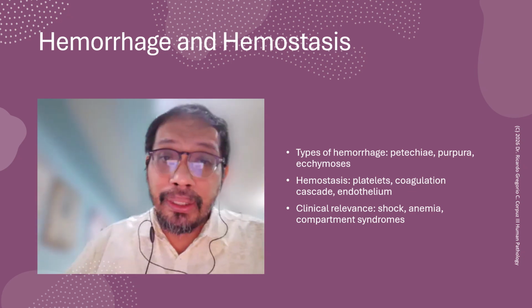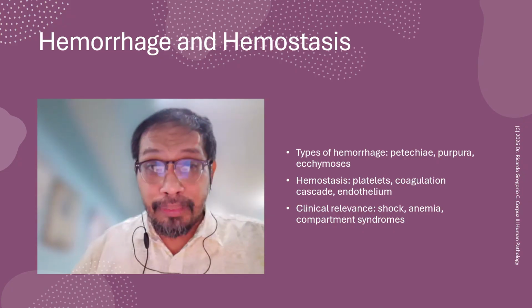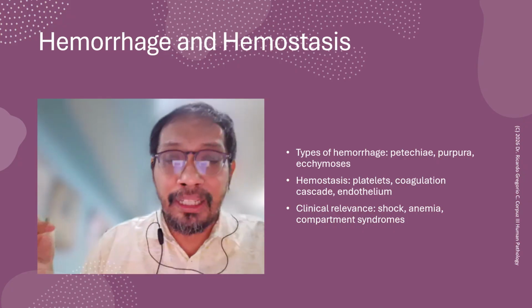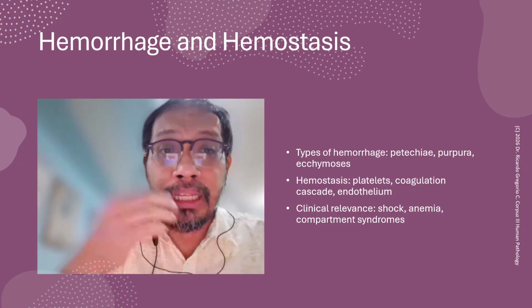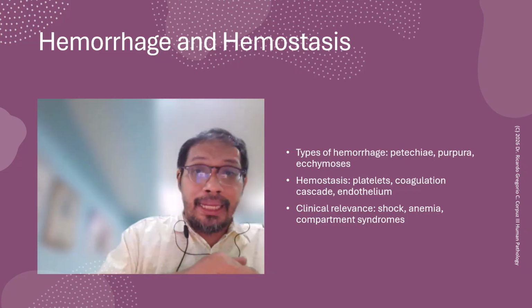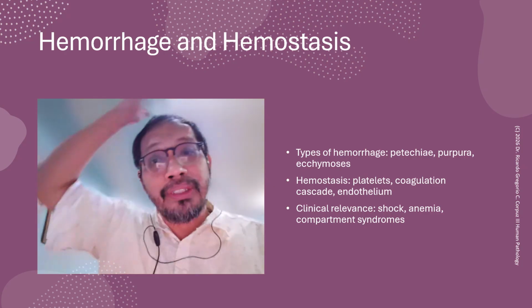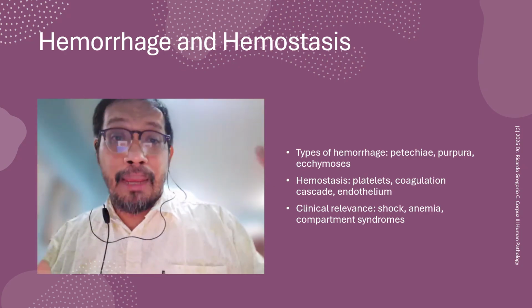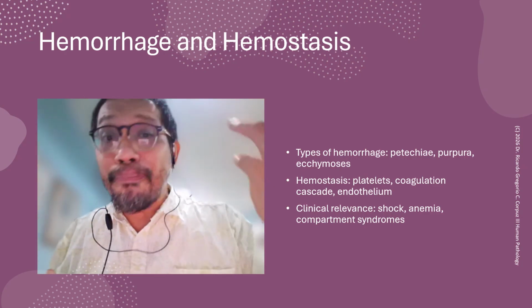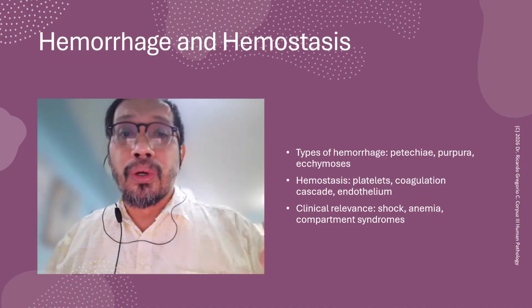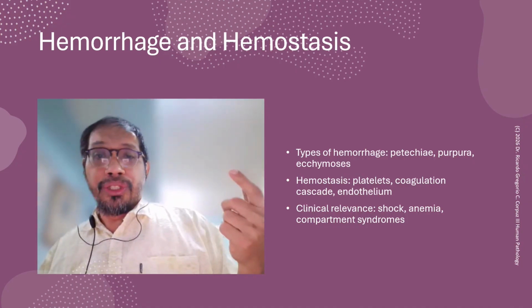Platelet defects, whether quantitative, thrombocytopenia, or qualitative, defective adhesion or aggregation, produce mucocutaneous bleeding, petechiae, and prolonged bleeding time. Coagulation factor deficiencies, such as hemophilia, impair fibrin formation and cause deep tissue or joint hemorrhage.